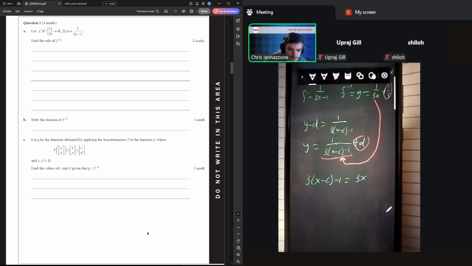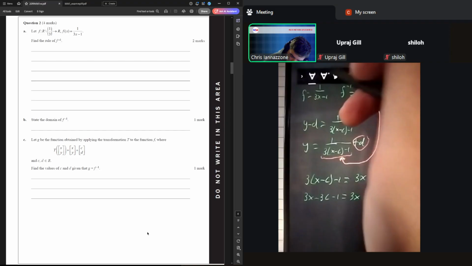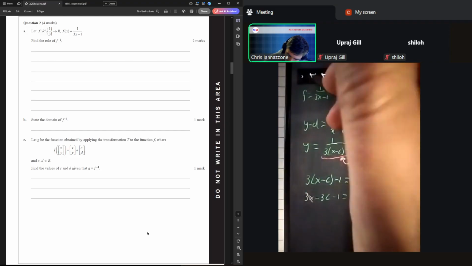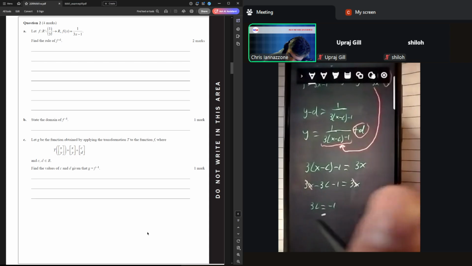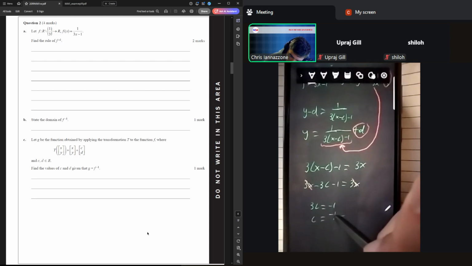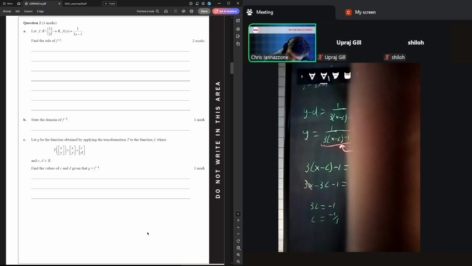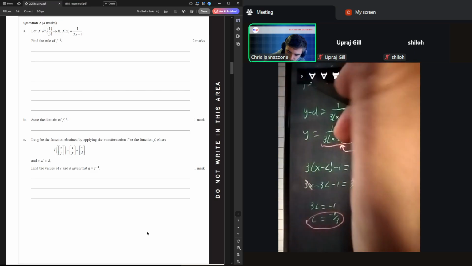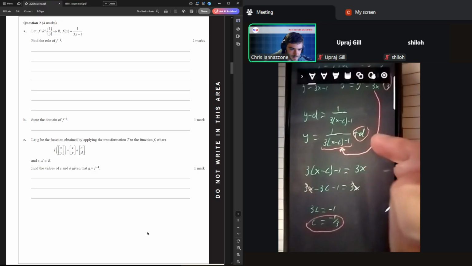You can literally draw up an equation to describe the relationship between them instead of trying to ballpark it. And then you would just solve for c. So you get your d equals a third, you get your c equals negative a third.